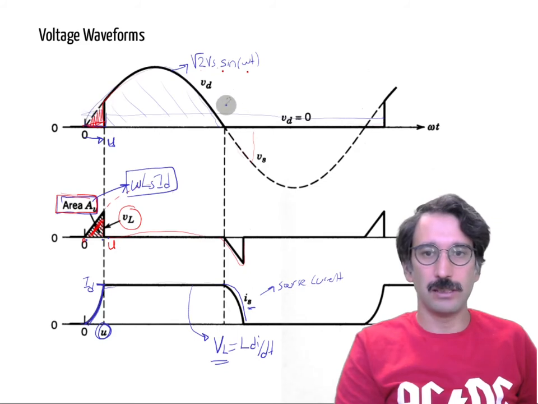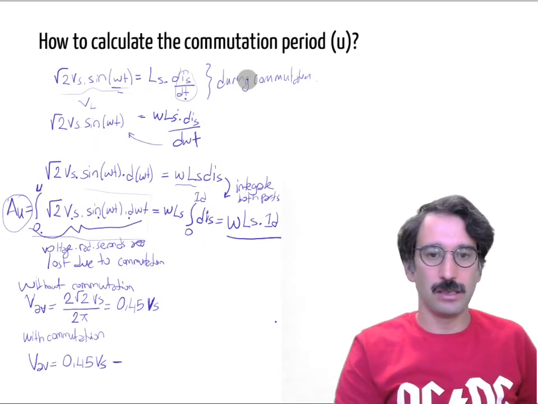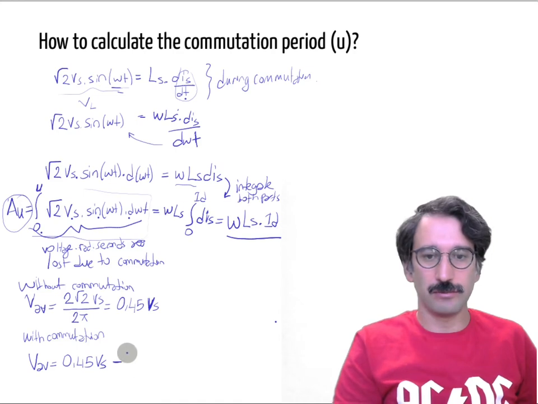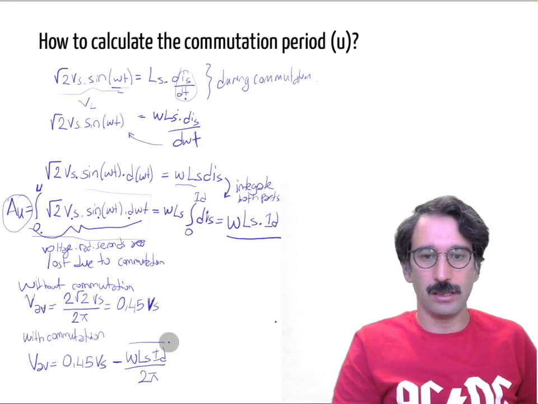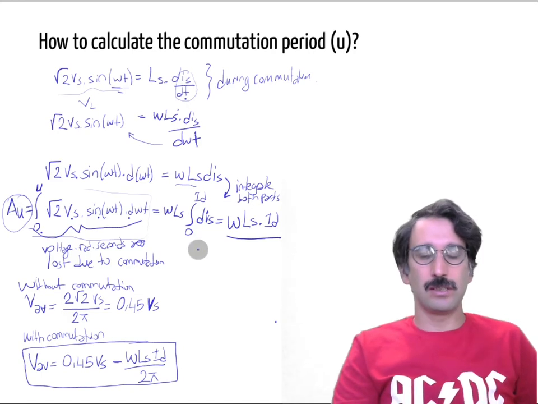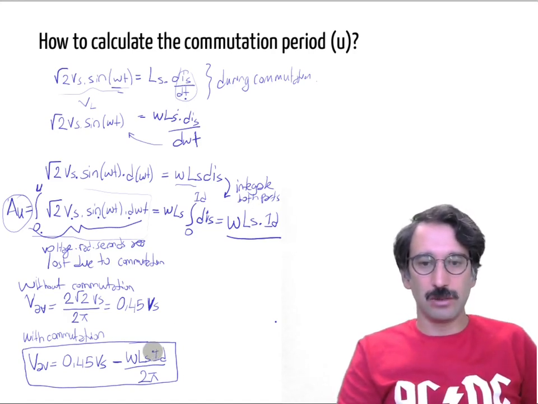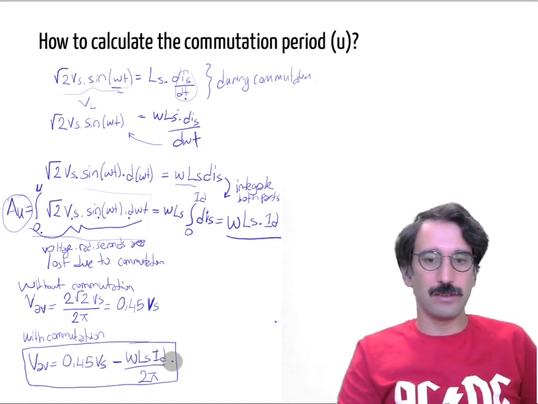I have to divide it over 2π. So that reduction, omega Ls ID divided by 2π, is subtracted to give my average voltage with commutation. Again, I think you can get the derivation yourself, and you can also get help from the book, and you will understand that. And apart from the derivation, it is more important to understand that one.